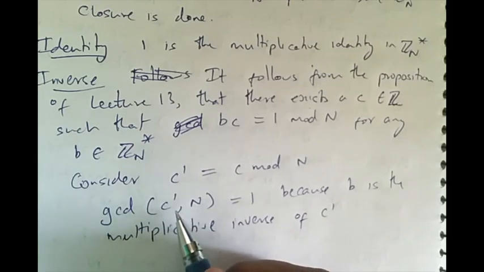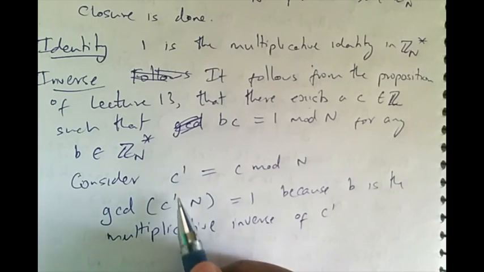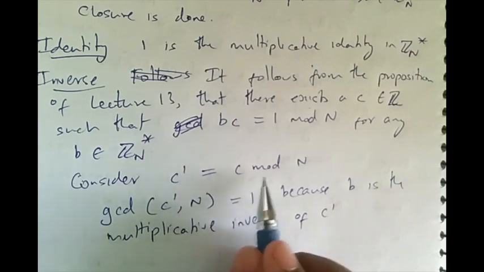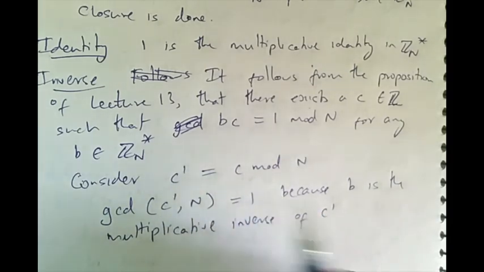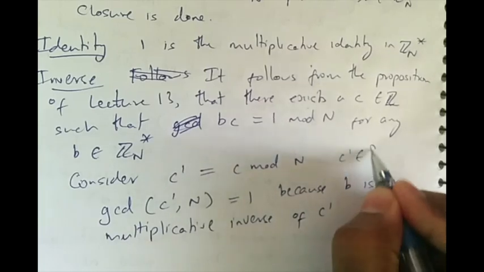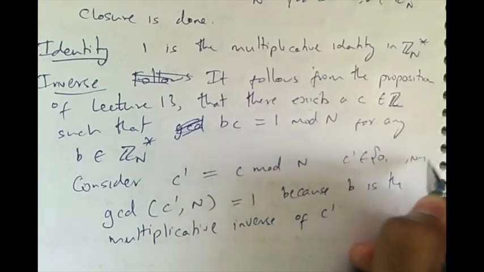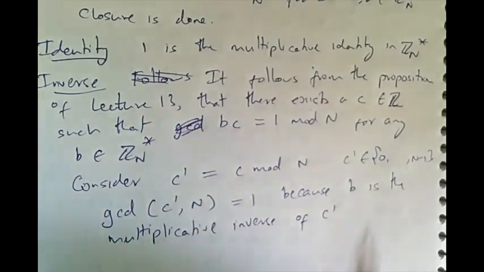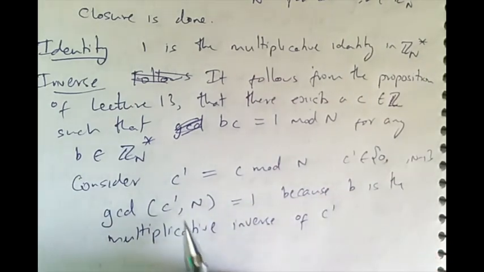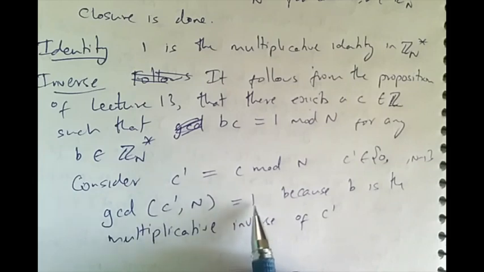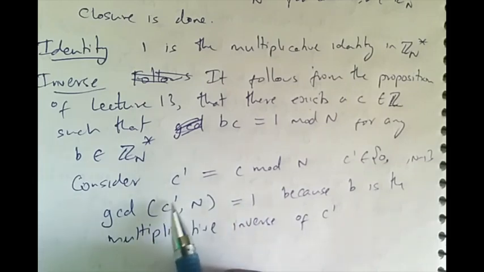So what do we need for something to belong to Zn star? The GCD of that integer and n should be 1, and it should be in the range 1 to n minus 1. Since it's a mod operation here, C prime will belong to 0 to n minus 1. We just have to exclude 0. But since C prime has a multiplicative inverse, its GCD with n is 1. So C prime cannot be 0, because if it was 0, then the GCD would be n, which is greater than 1.